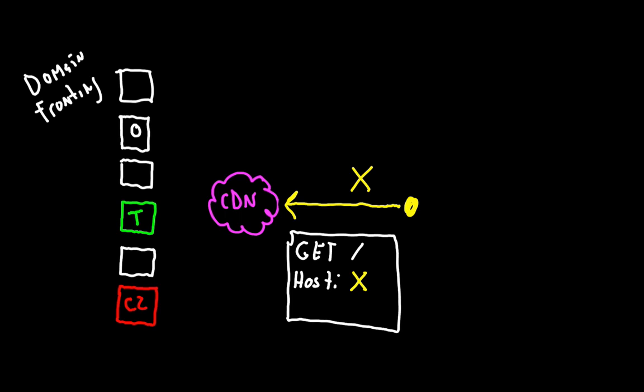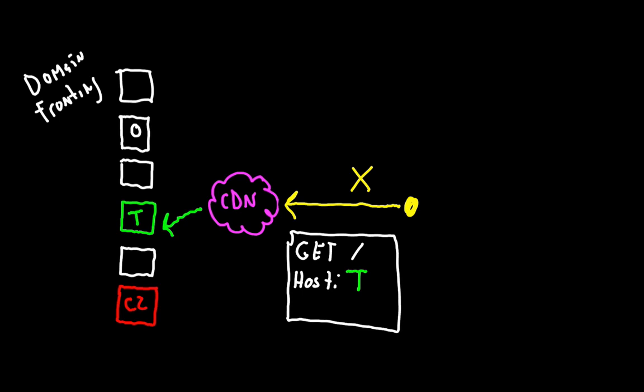And so what happens is our CDN looks at this value and it uses that value to determine which origin server to pull from if the content it needs to serve is not in its cache. And that's how CDNs work.